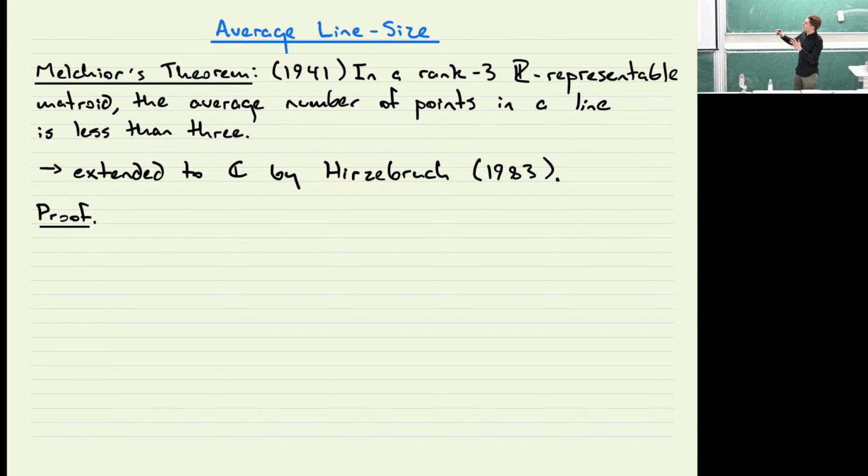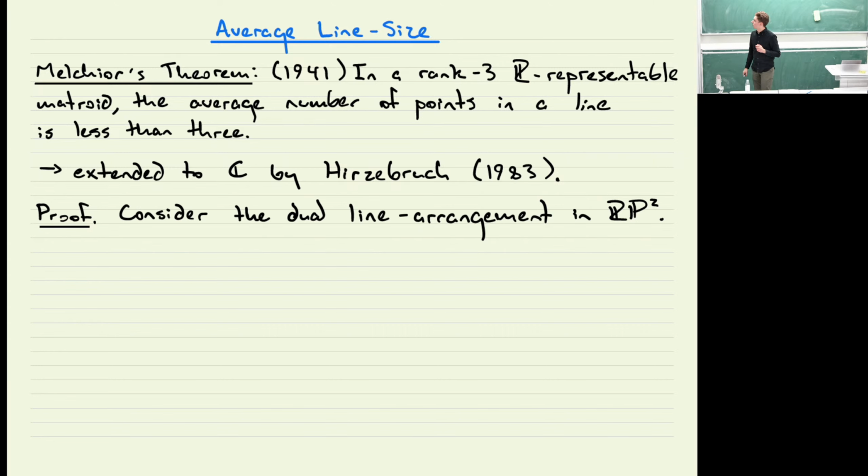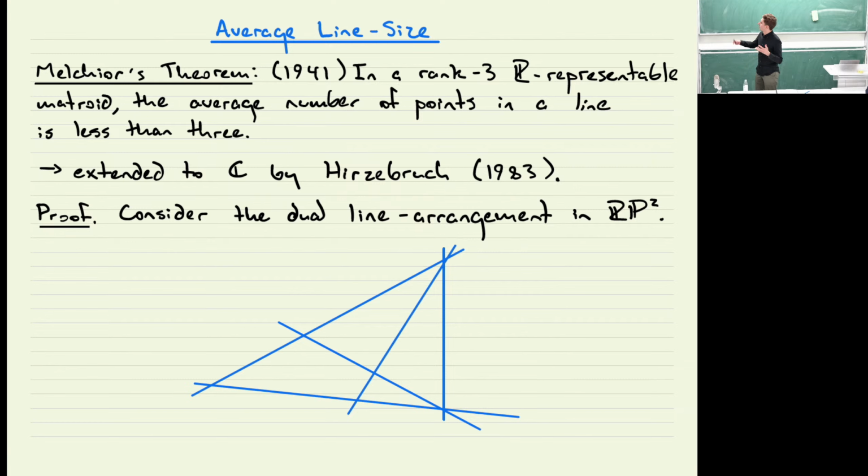any statement about lines and their points and their spanned lines can be translated into an equivalent statement about lines and the points at which they intersect. So rather than considering an arrangement of finitely many points in the plane, we're going to consider an arrangement of finitely many lines. So something like this.